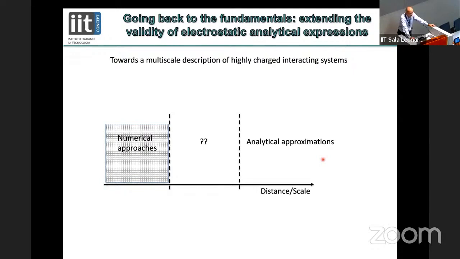So can we improve the analytical approximation in such a way that we can eliminate this intermediate region?